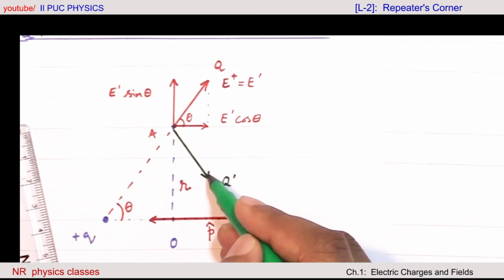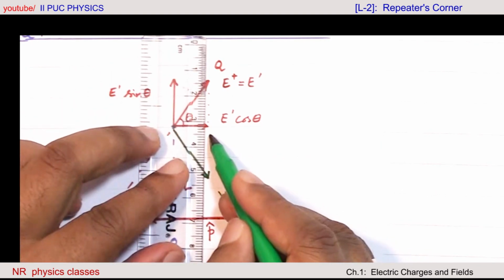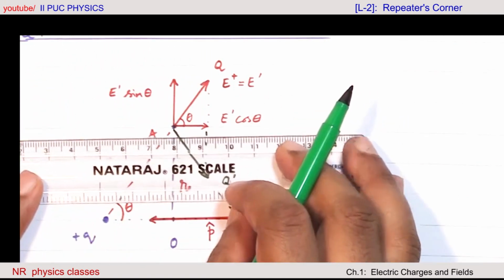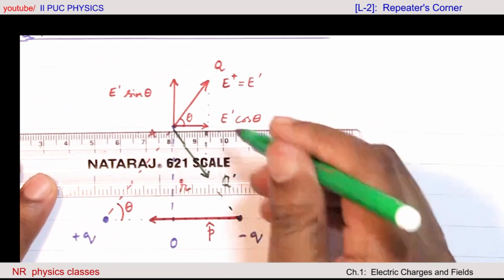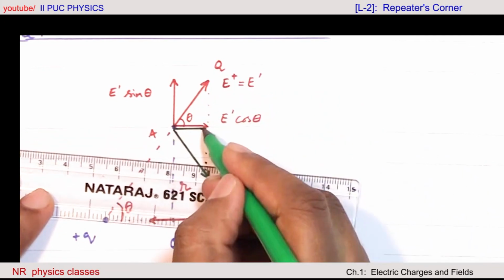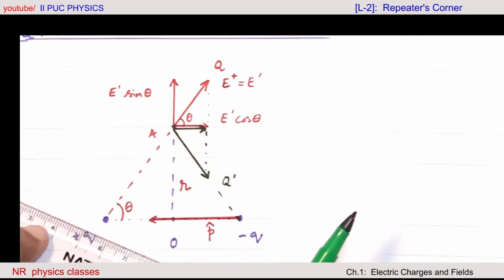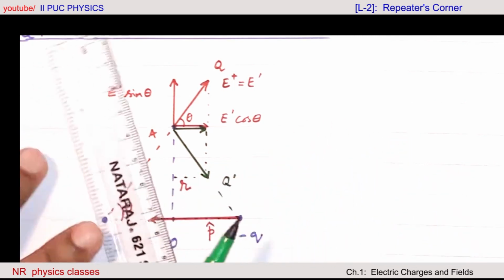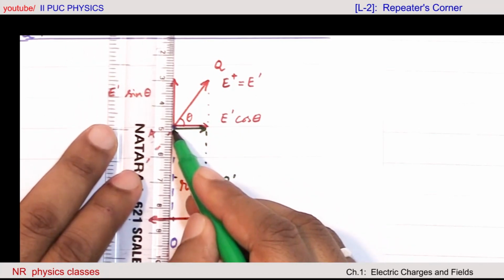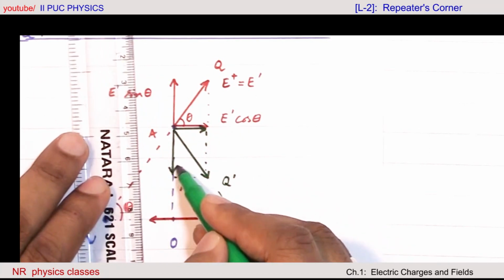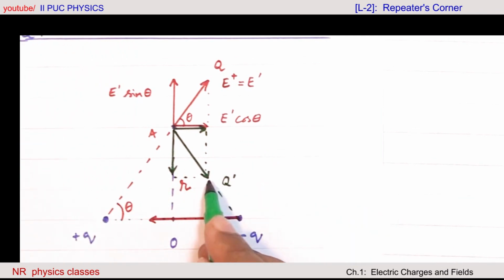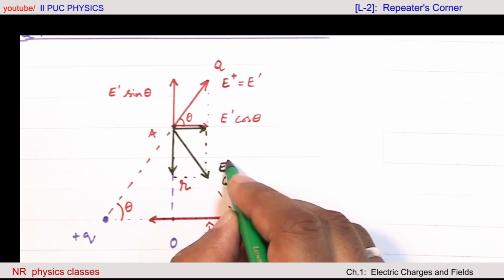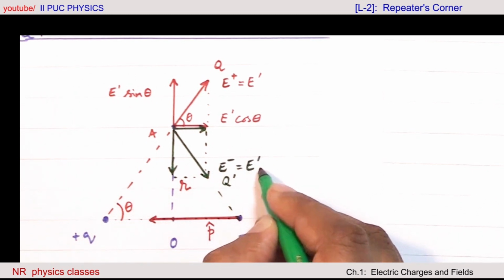Similarly, let me resolve this into two components. Component parallel to the dipole moment, and the other one is component perpendicular to the axis. This electric field is due to negative charge. So let me write E minus, which is equal to E dash.